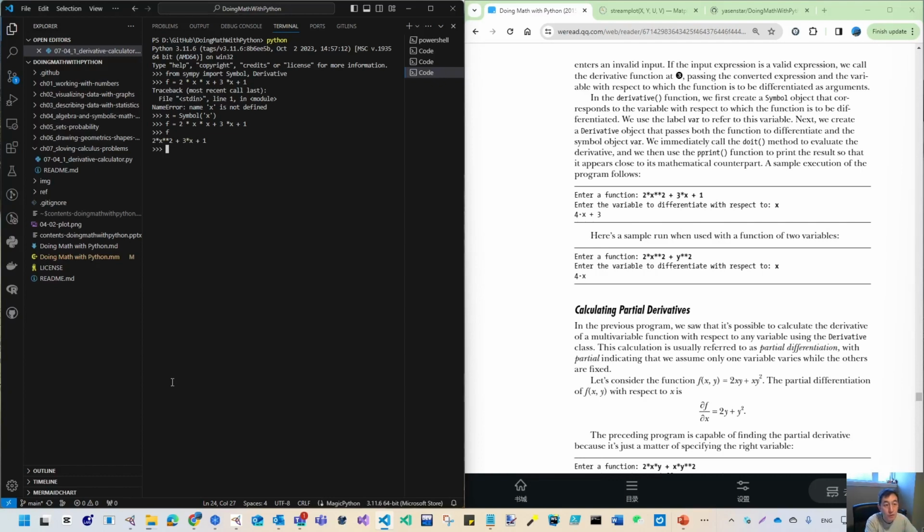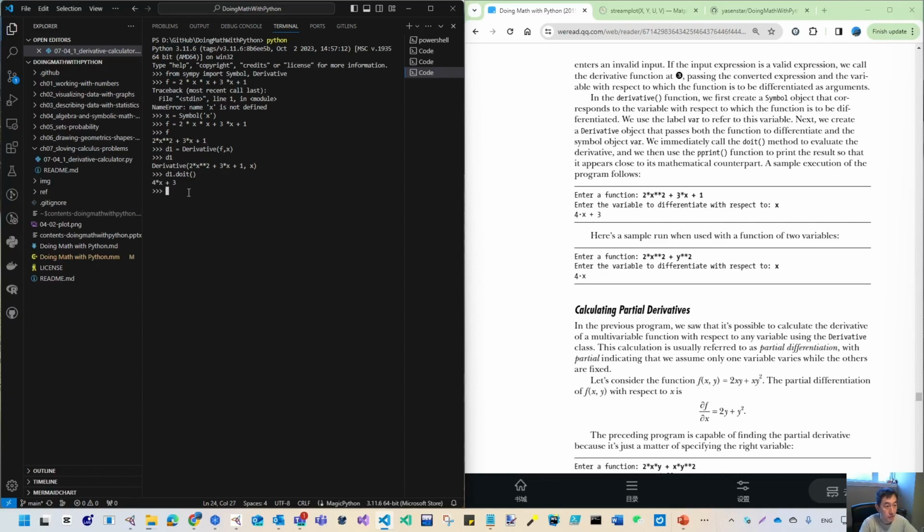Then we put d1 equal to derivative of f with respect to x. When we do this, we see d1 is 2 times 2, so 4x plus 3, and the constant term goes to 0.